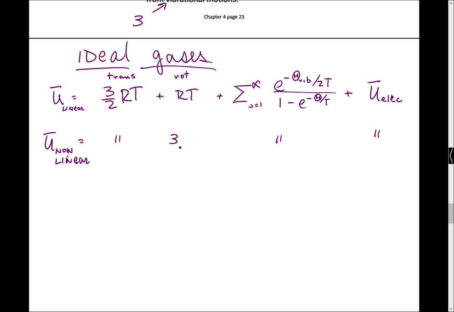Where we see a difference is in the rotational term, which is 3/2 RT. And if I'm interested in a single atom, a monatomic ideal gas, it's simply going to be 3/2 RT plus the electronic.